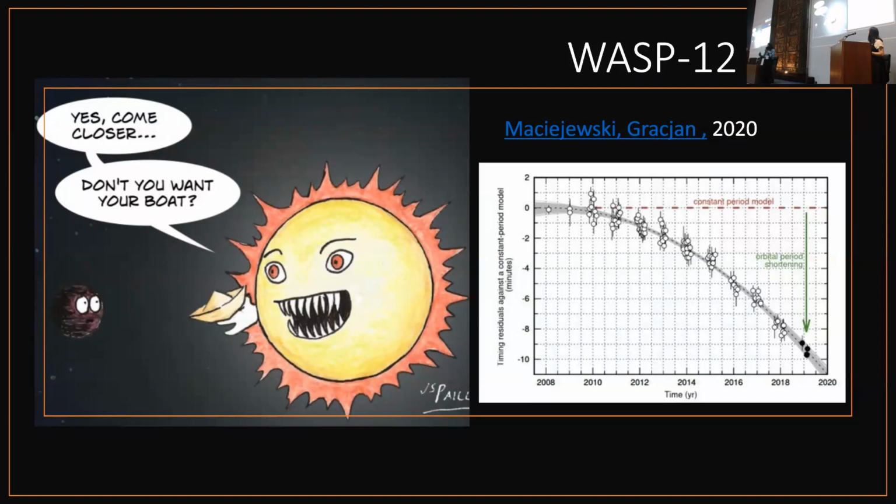So we are expecting more data to analyze in a better way. I cannot conclude the decay rate. And also we need the tidal quality factor, I guess.